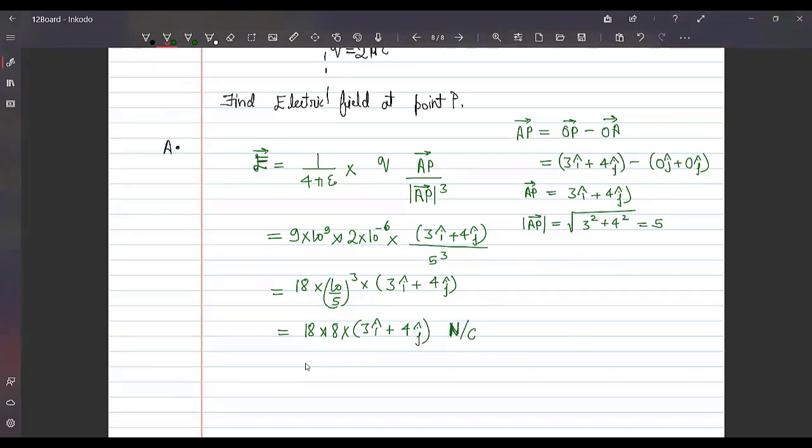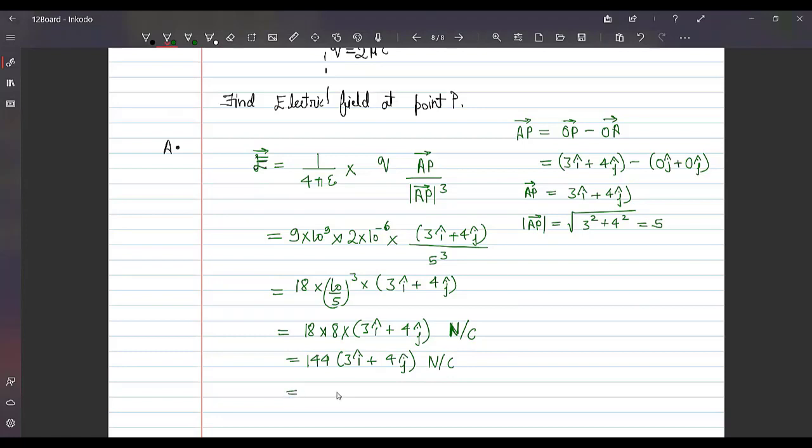Here the unit is Newton per Coulomb. 144 into 3i cap plus 4j cap.